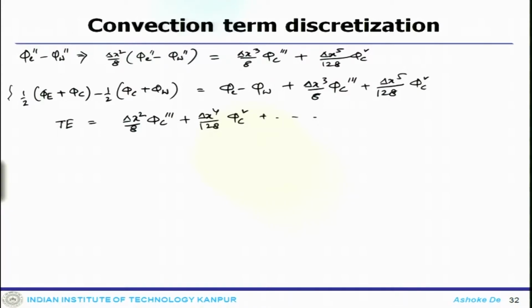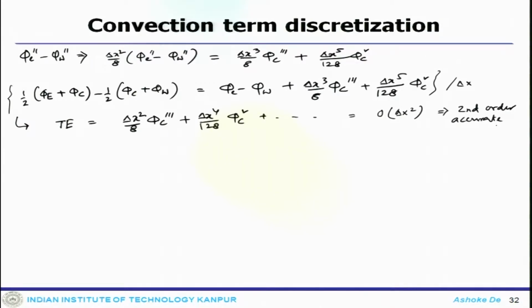So when we divide by delta x, you get this truncation error, which essentially shows that the higher order term is order of delta x square. So, CD is second order accurate. So, that is what it turns out. So, CD becomes a second order accurate scheme.